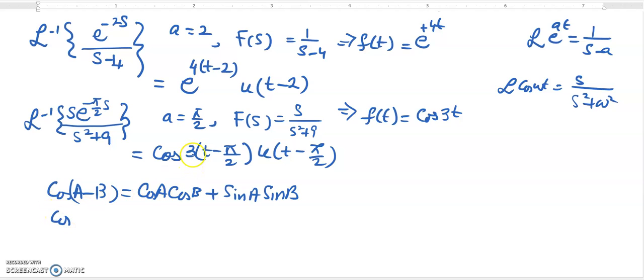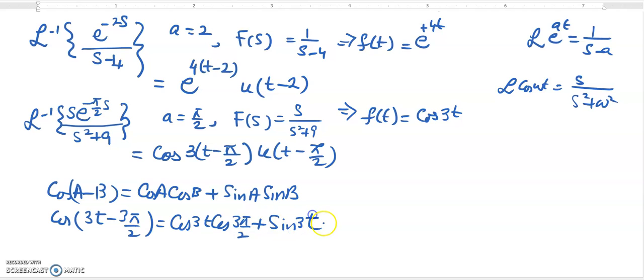This is cosine of 3t minus 3 pi by 2, so it will be cosine of 3t cosine of 3 pi by 2 plus sine of 3t sine of 3 pi by 2.